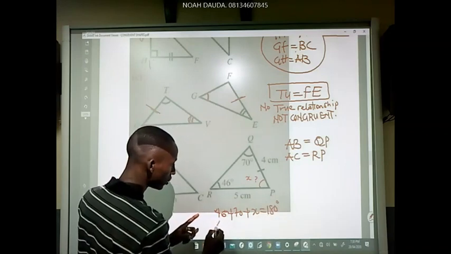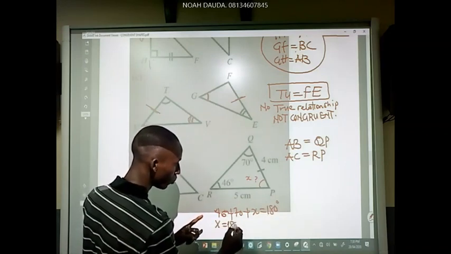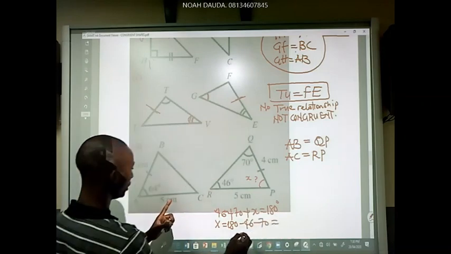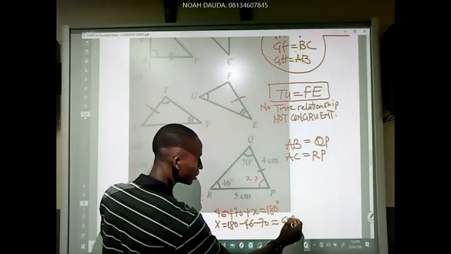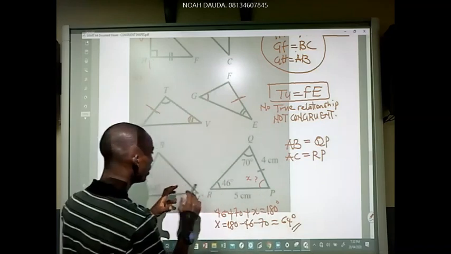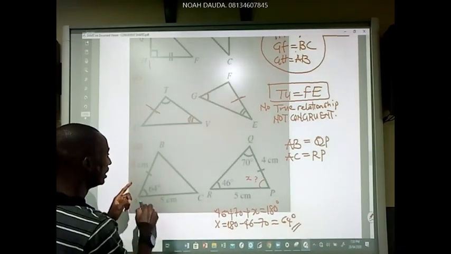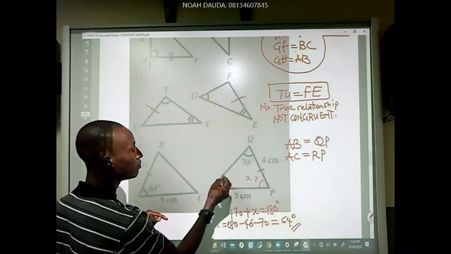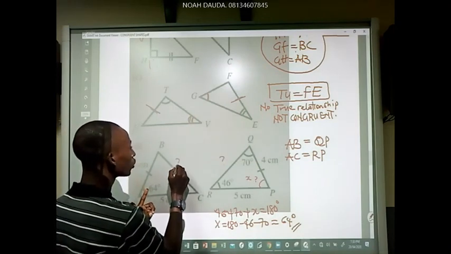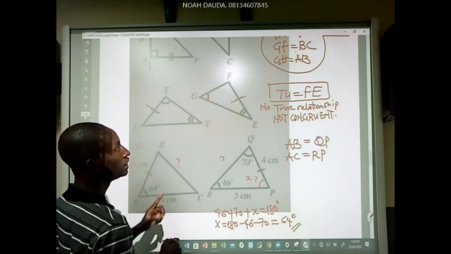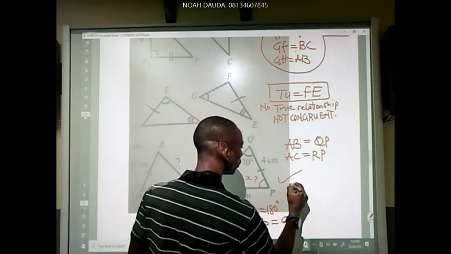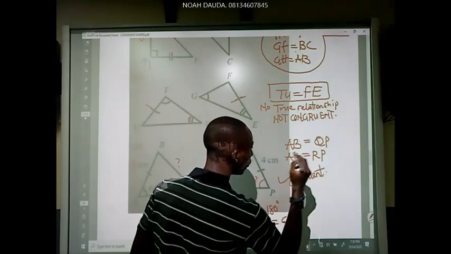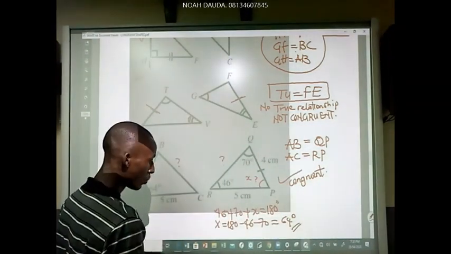As a result, x is equal to 180 minus 46 minus 70, and by so doing, automatically you have 64 degrees. So in all ramifications, the angles are the same, the sides are the same, because by the time you determine the value here, it will also be the same as the value here. So in a nutshell, this is a congruent triangle. Both triangles are congruent.